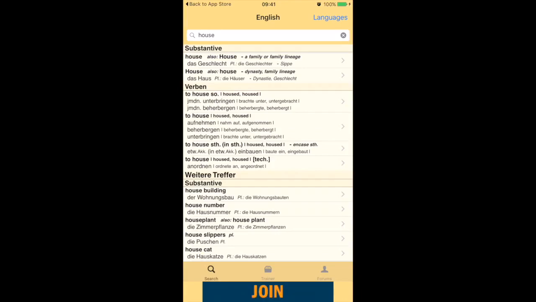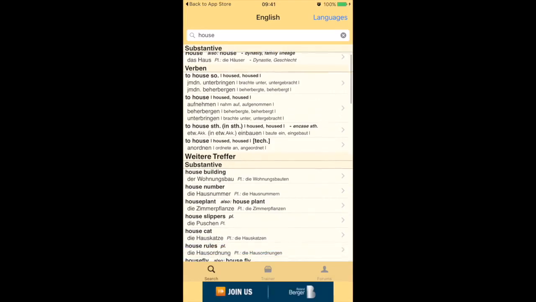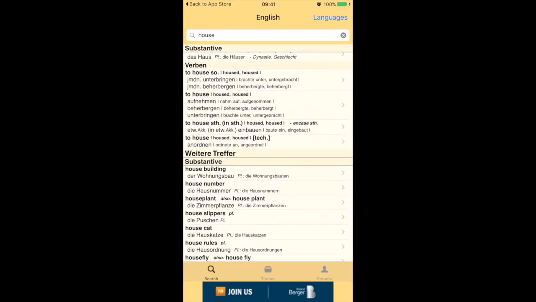Under to house, you have aufnehmen, beherbergen, unterbringen. To house something, etwas EKK in etwas EKK einbauen. Some dictionaries have EKK for accusative, DAT for dative, and G for genitive. So it signifies what case you need to be using.